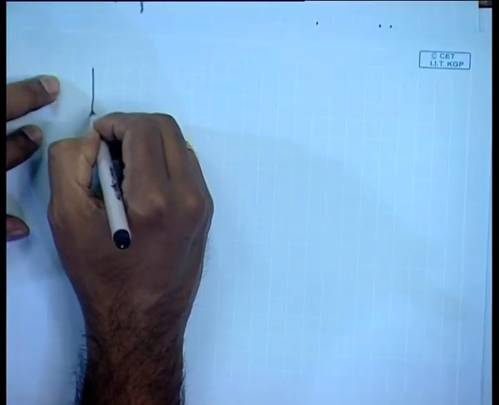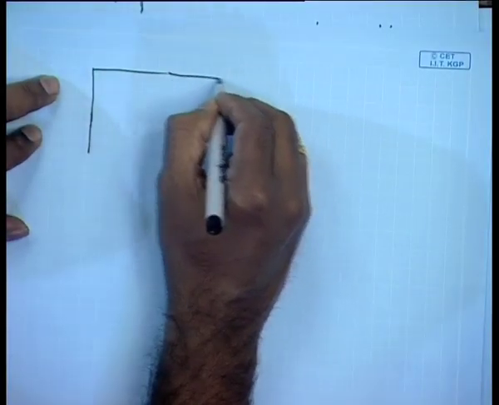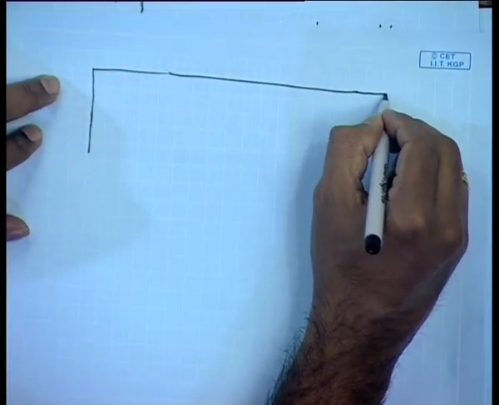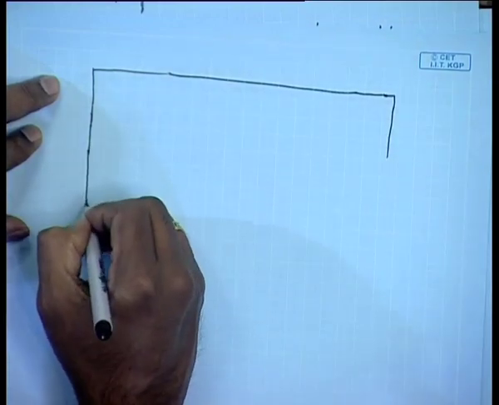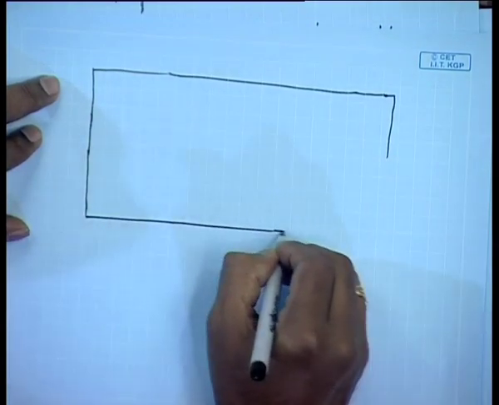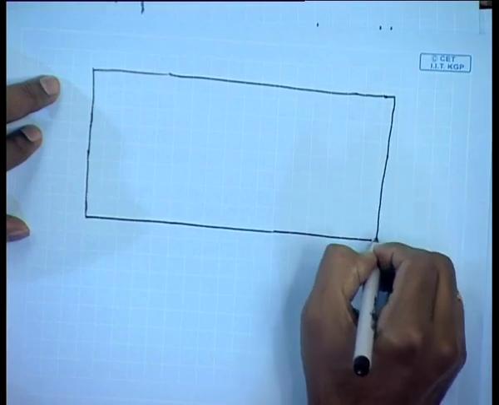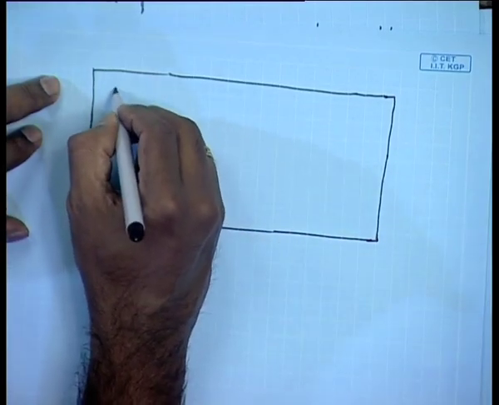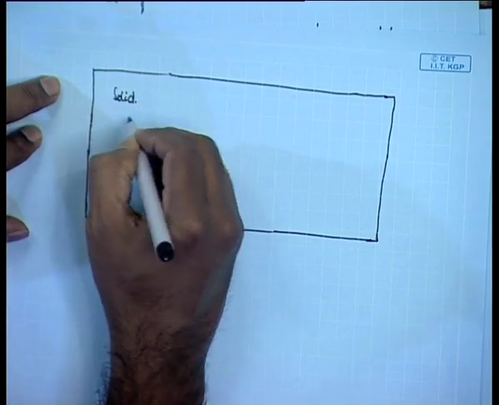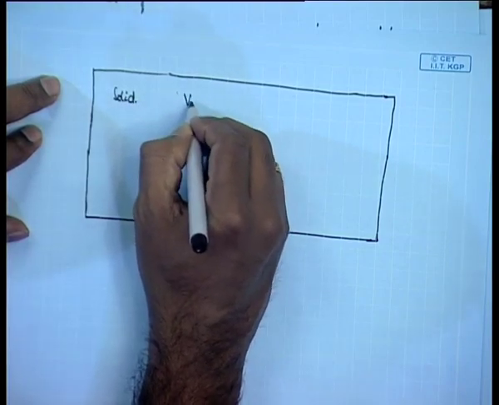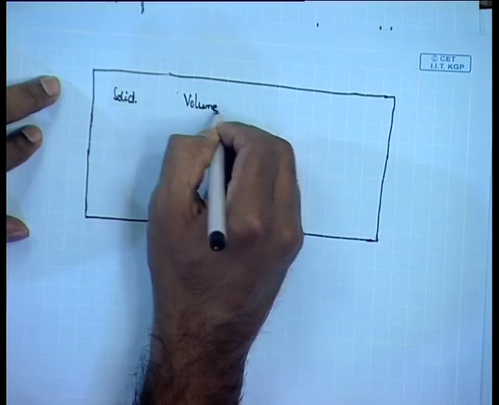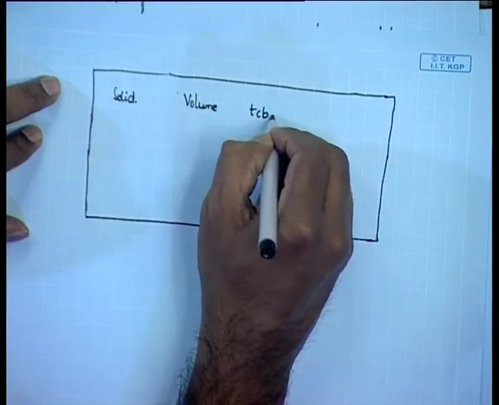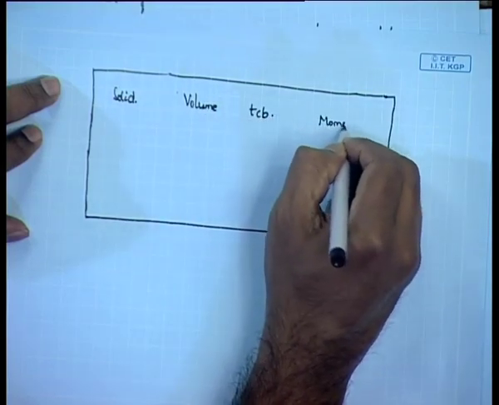So let us make this table. This is the solid we are talking about. Then you will have the volume, then you will have TCB, and you will have the moment.